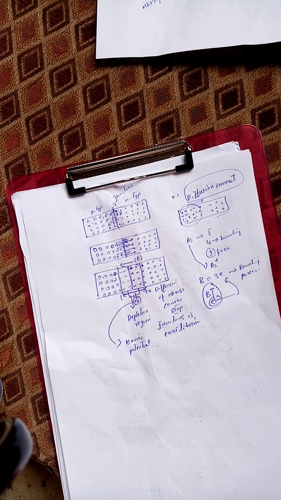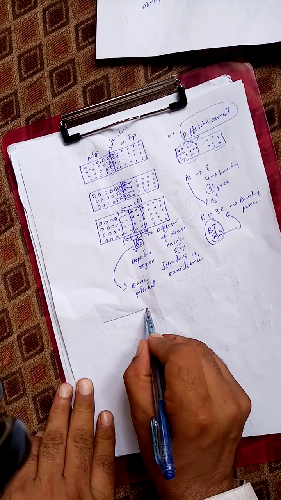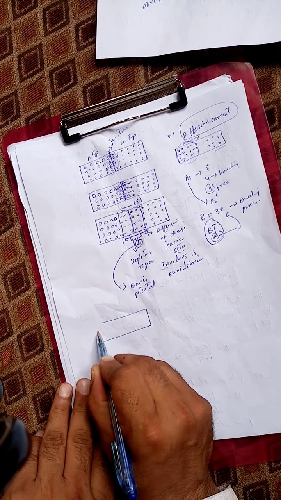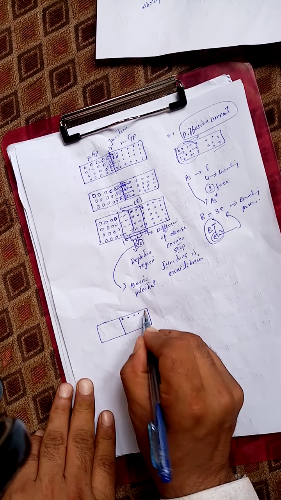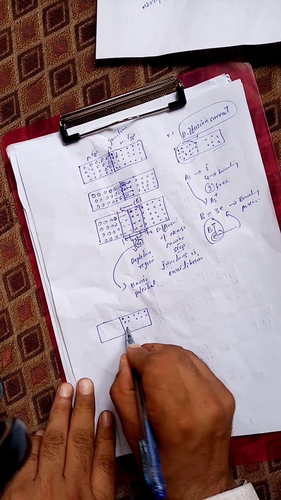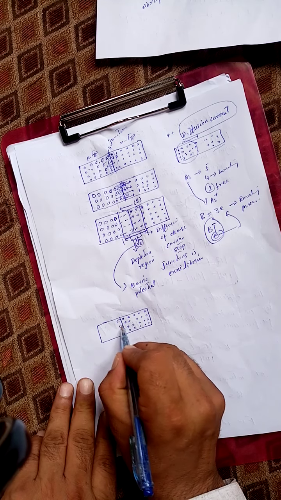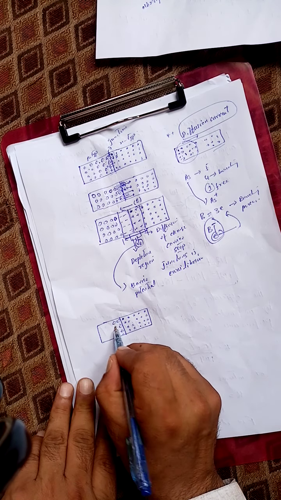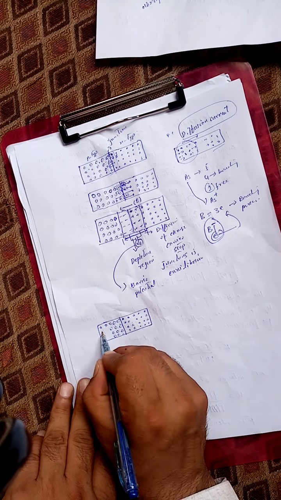Now, I will draw these two figures again. We have negative charge here, electrons, and we have holes here. This is the time when the junction is just developed.